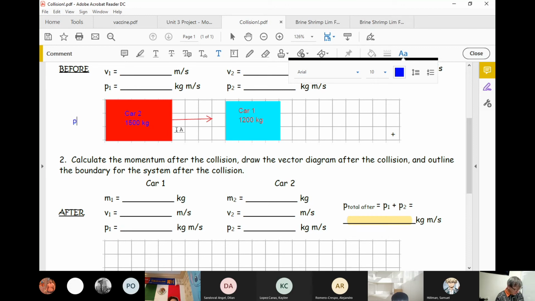So P1 equals, and this is what I'm not going to write in, whatever you calculated here, you should put that over here for car 1. And the same thing for car 2. P2 was how much? What was its momentum?